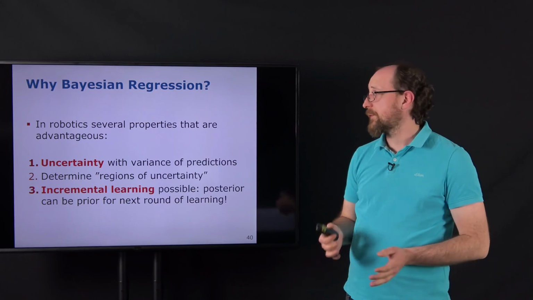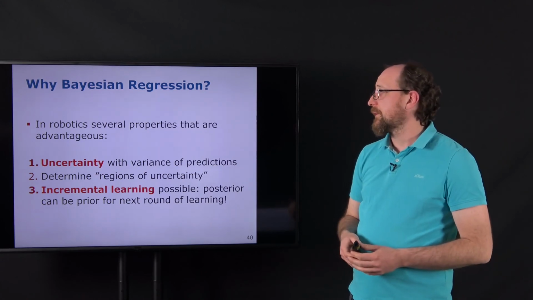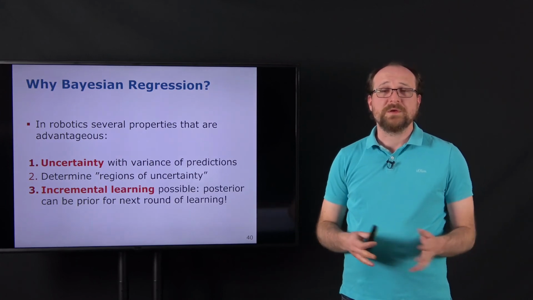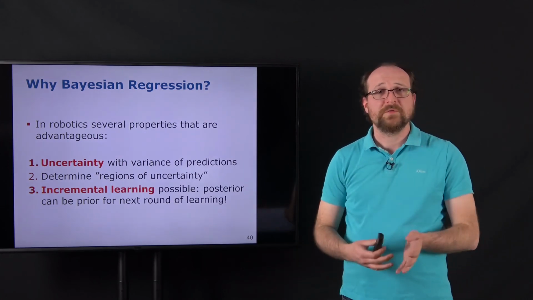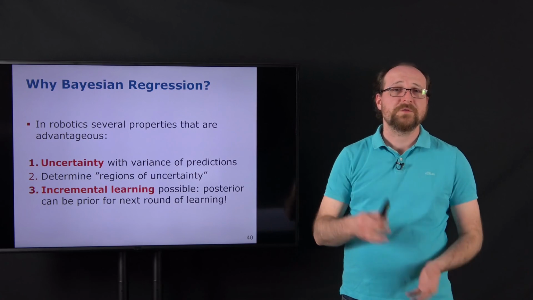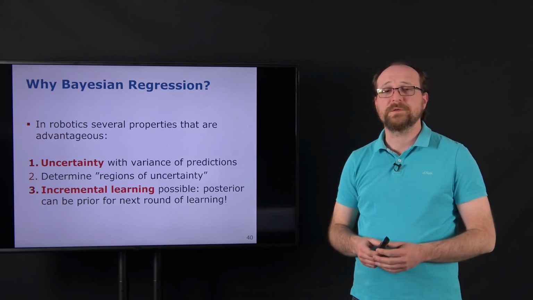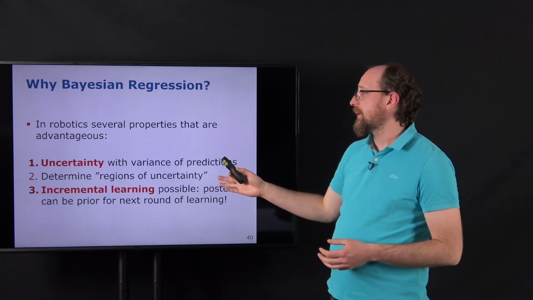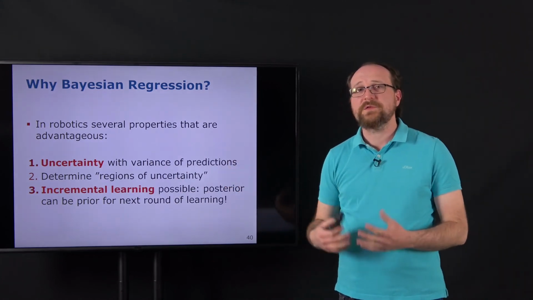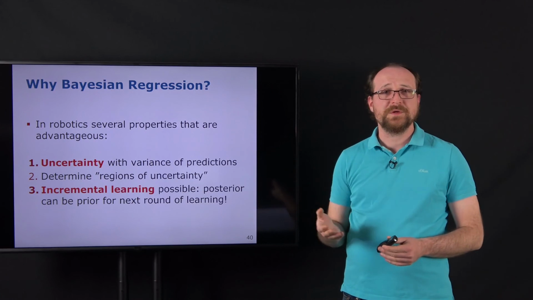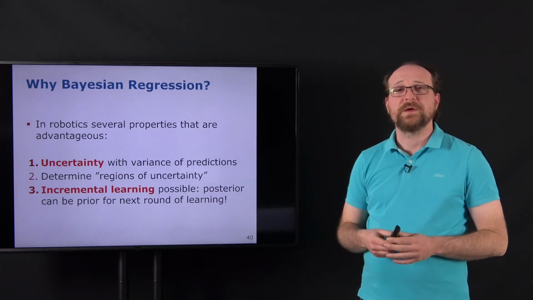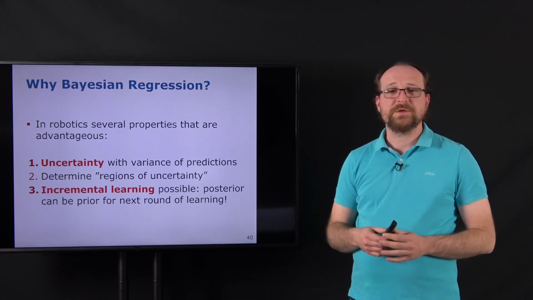So uncertainty is, of course, a good thing. And we also get the variances. As you saw, when we increase the degree, we get larger variances and therefore larger confidence intervals. And as I said, we can also determine the regions of uncertainty in our estimates. What we saw on the left side, we have very uncertain areas there.